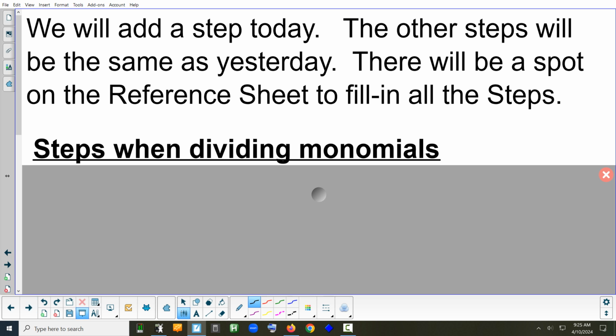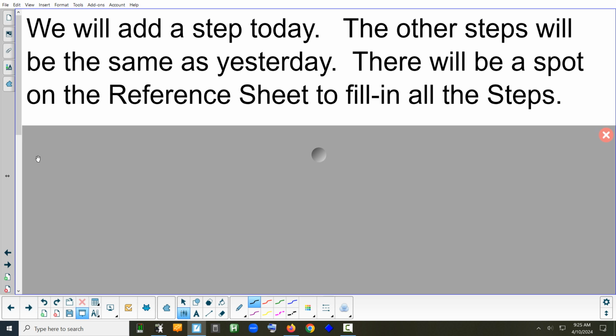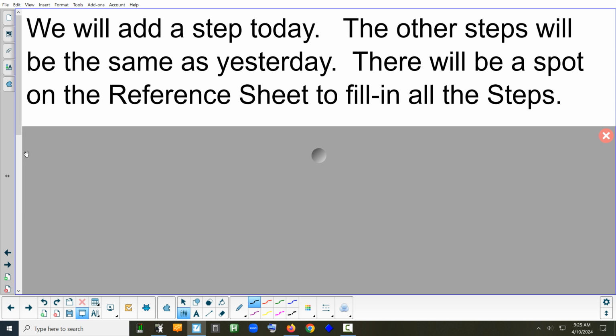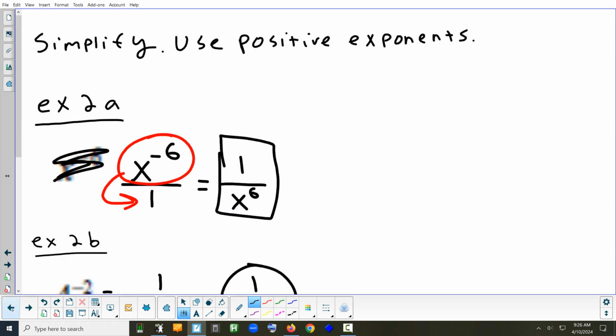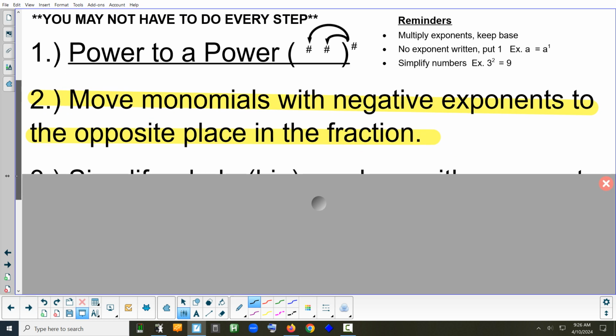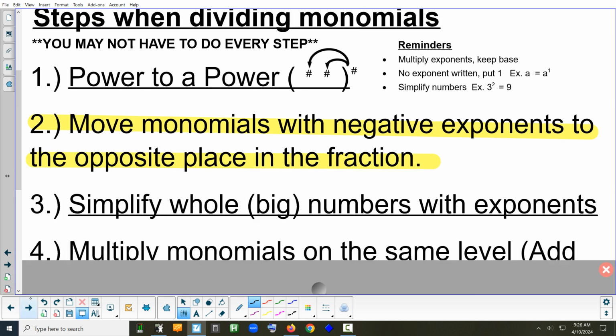All right, let's try. Steps when dividing monomials. I think we already wrote these all down yesterday, so I'm not going to go through all those steps again. Let's just go right to example 3A. I guess I can review them quick, but you don't have to write them again. So you do the power to a power first. This is the new step we're dealing with today. We're going to move negative exponents so they become positive.